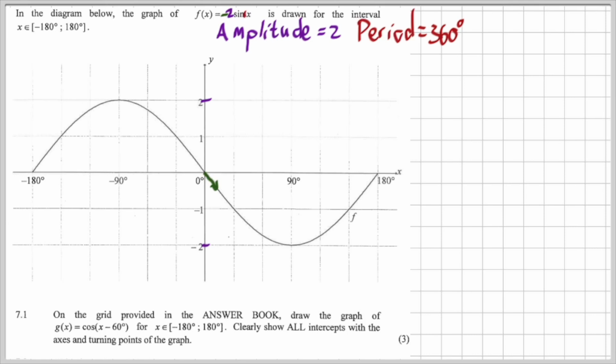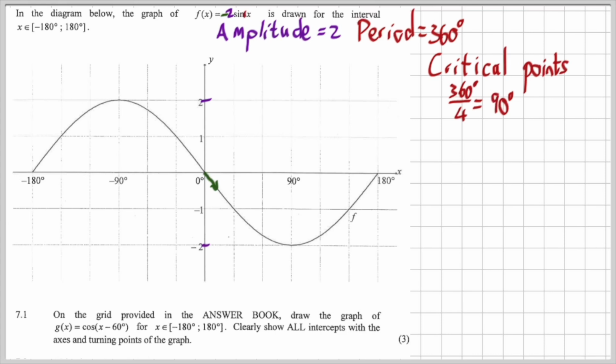The period means that this will relate to the critical points or the critical values, which is always the period divided by 4, which means every how many degrees something special will happen. In this case, it will be every 90 degrees.